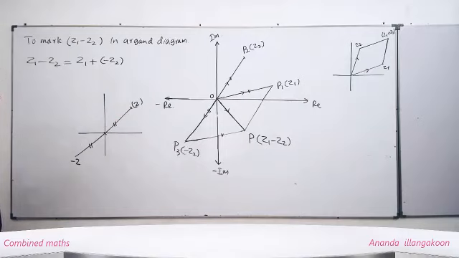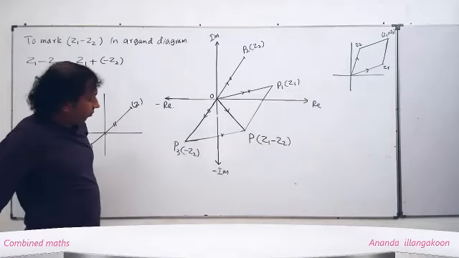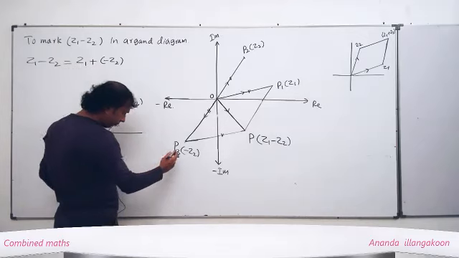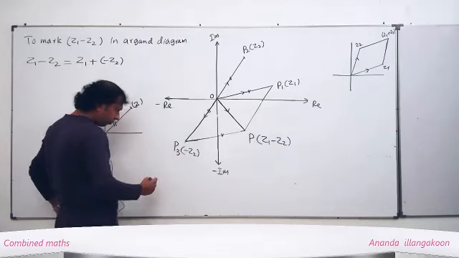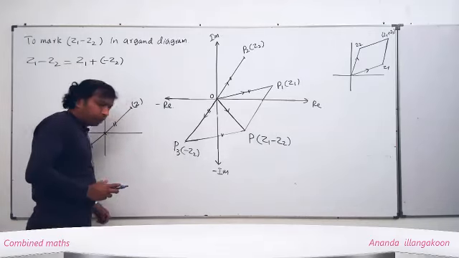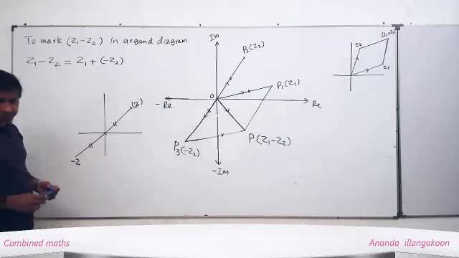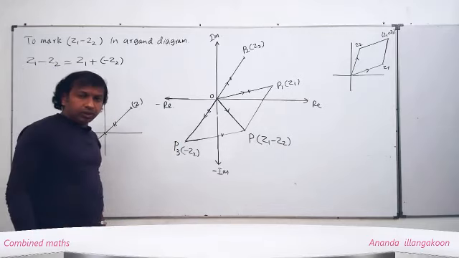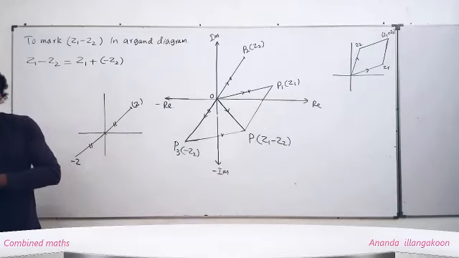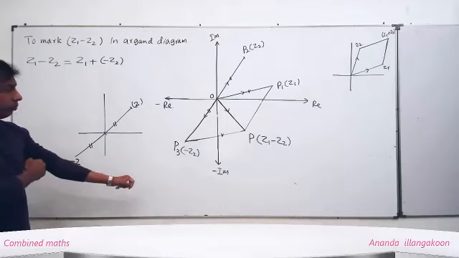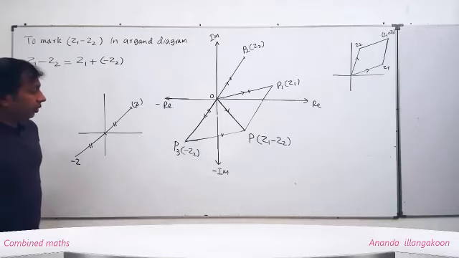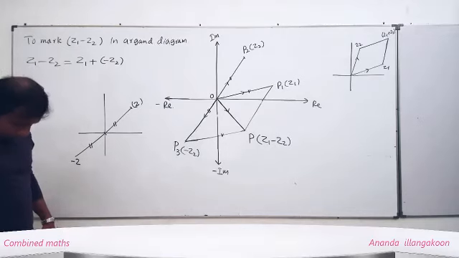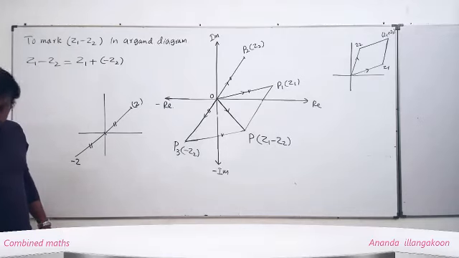Let the point P3 represent the complex number minus Z2.